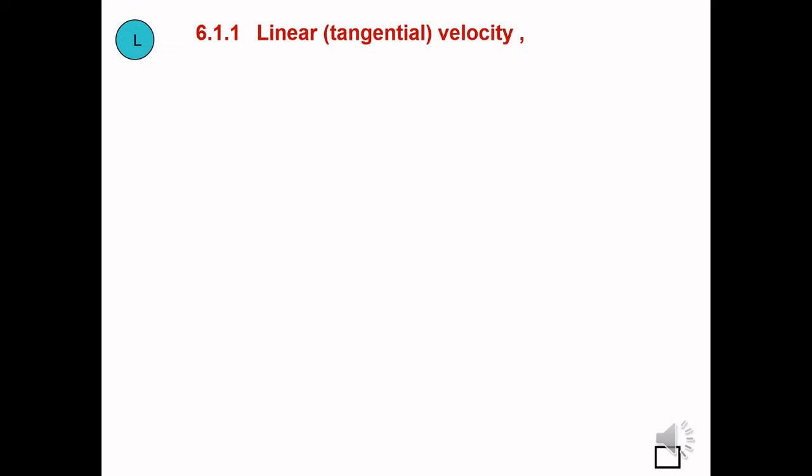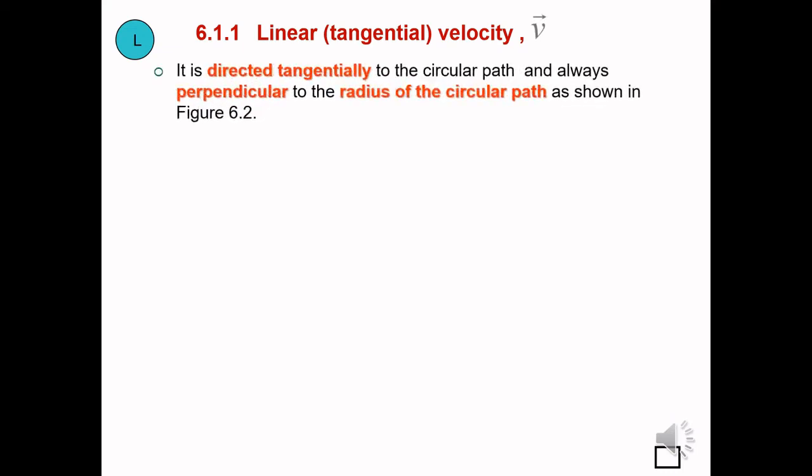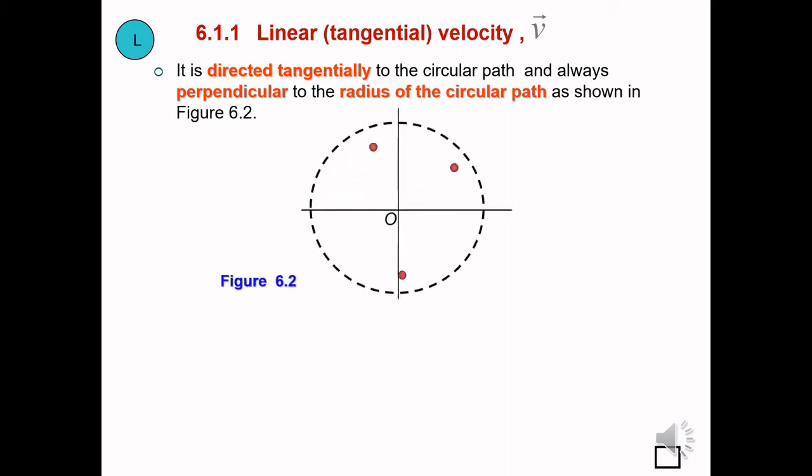Linear velocity or tangential velocity. It is directed tangentially to the circular path and always perpendicular to the radius of the circular path, as shown in figure 6.2. Consider three positions of the object that moves in the anti-clockwise direction. Position 1, position 2, and position 3.